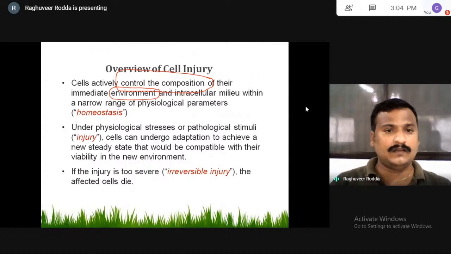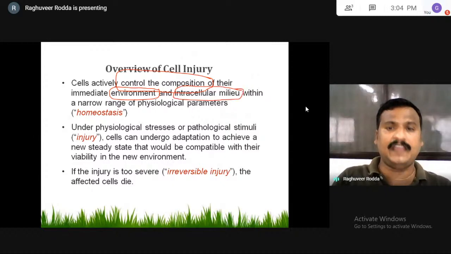It is not only controlling its surrounding environment by various mechanisms, it also maintains its intracellular milieu.